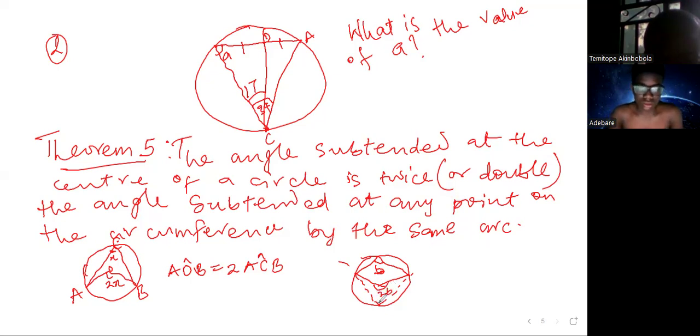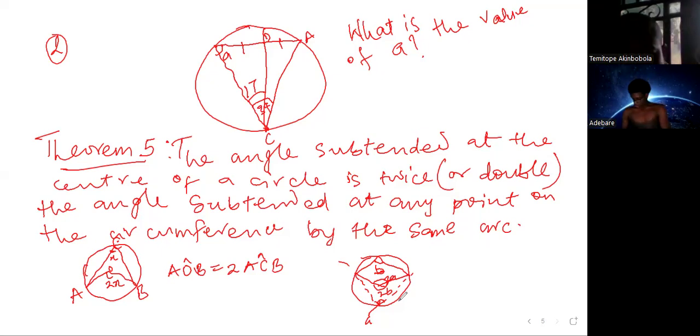Then if this is A, then the angle here will be 2A. So for the one that is B, you are looking at this arc. For the one that is A, you are looking at this arc. And that's why we have said by the same arc. Does that make sense to you? Yes, sir. Okay.